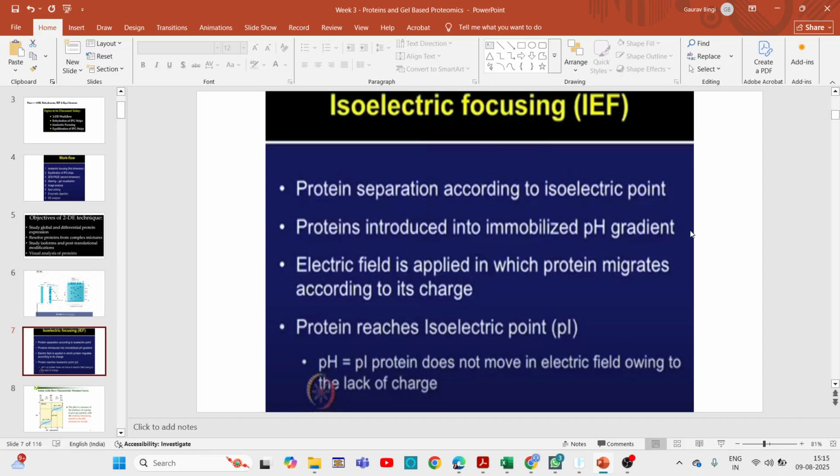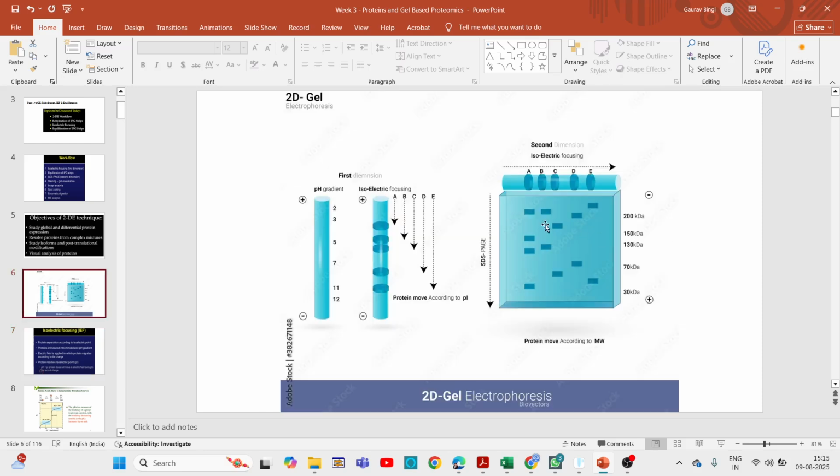So what is isoelectric focusing? It is protein separation according to isoelectric point. Basically, proteins are introduced into an immobilized pH gradient, and an electric field is applied in which proteins migrate according to their charge. So charge indicating the positive or negative charge, and then proteins migrate in the presence of the electric field, and as soon as they reach a specific pH, there is a specific pH gradient basically.